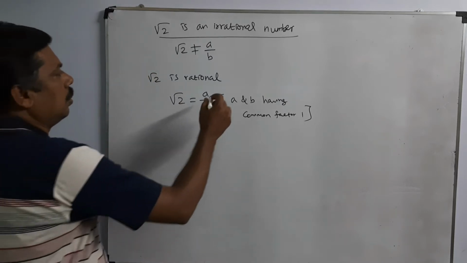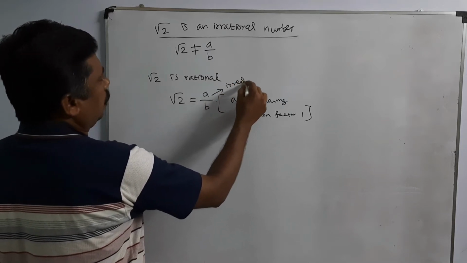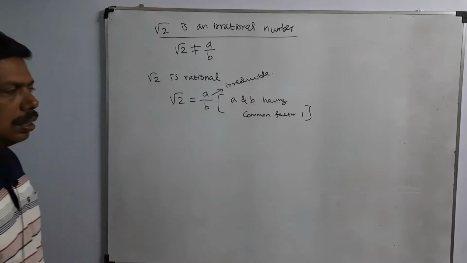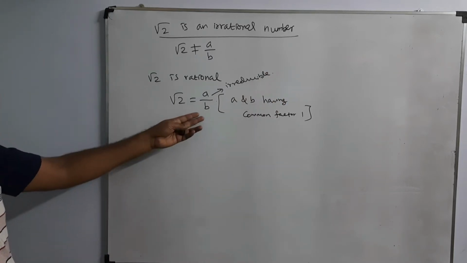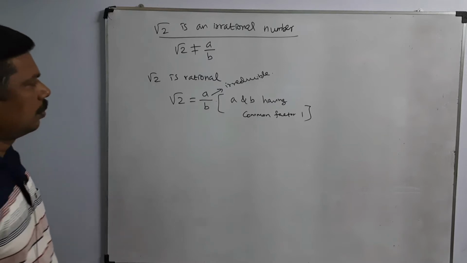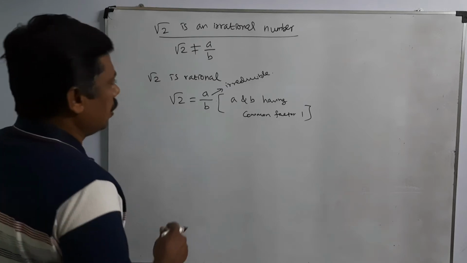This is irreducible, we can't reduce it. So root 2 is in the form a by b, where a and b have only the common factor 1, not any other common factor.